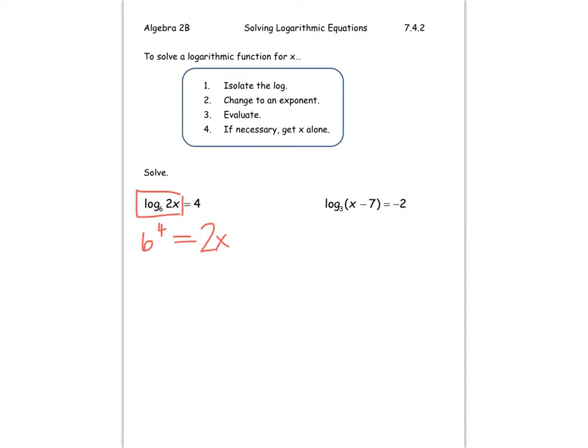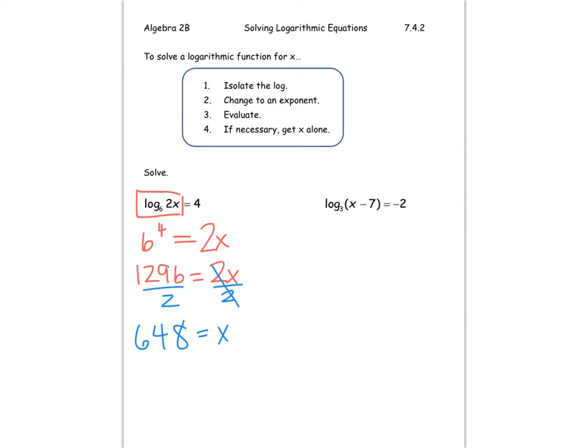So into my calculator, I figure out what is 6 to the 4th power. 1,296 equals 2x. And so, if necessary, get x alone. Okay, I'll have to divide by 2. So x will equal 648, I believe. Yes, 648.